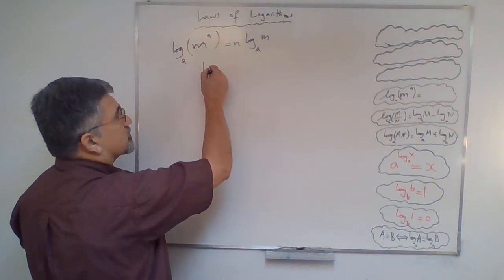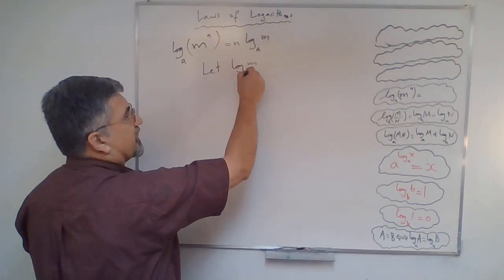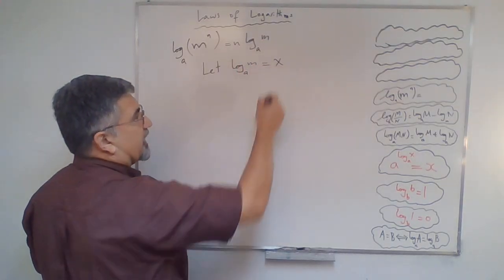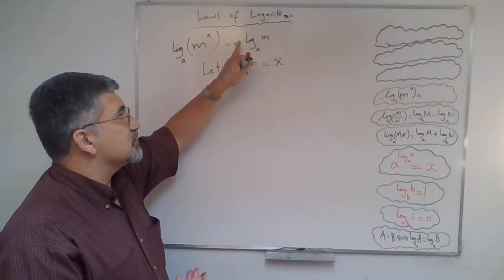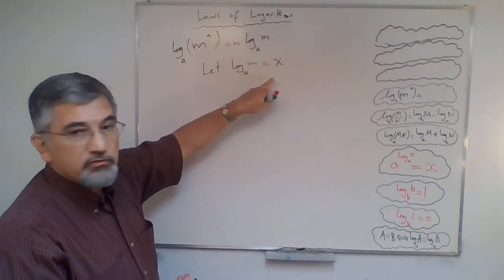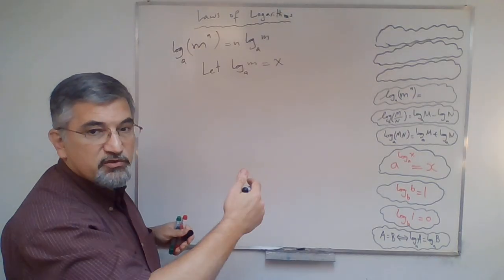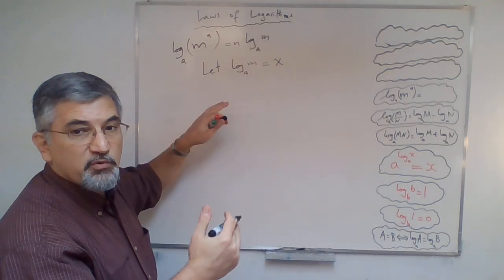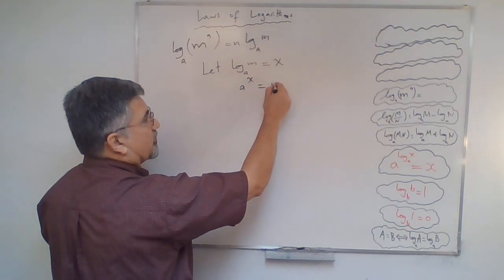So we are going to start by saying let the logarithm on the right-hand side, which is log of m base a, equal to some variable x. And then we're going to use the definition of logarithm. We're going to write this in exponential form. So we're going to say a to the exponent of x equals m.